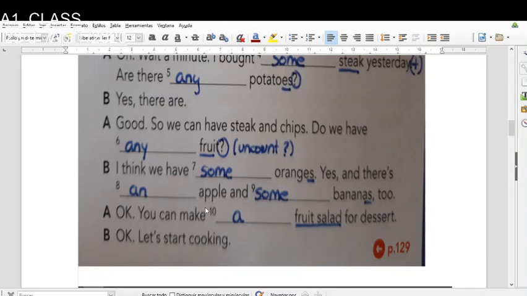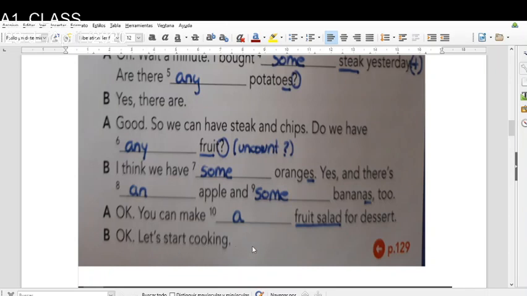There's an apple and some bananas, because bananas is plural and affirmative. Then there's an apple and some bananas too. Okay, you can make a fruit salad, singular, for dessert.